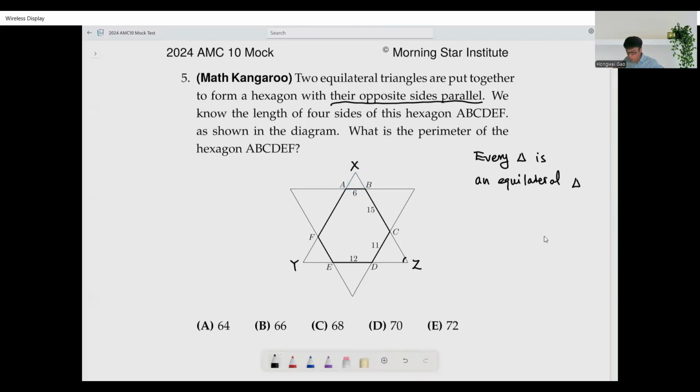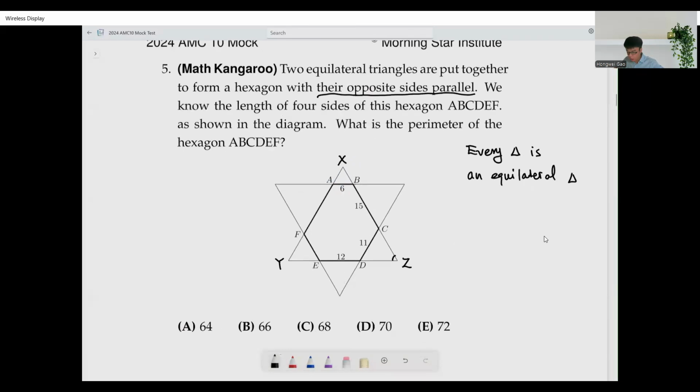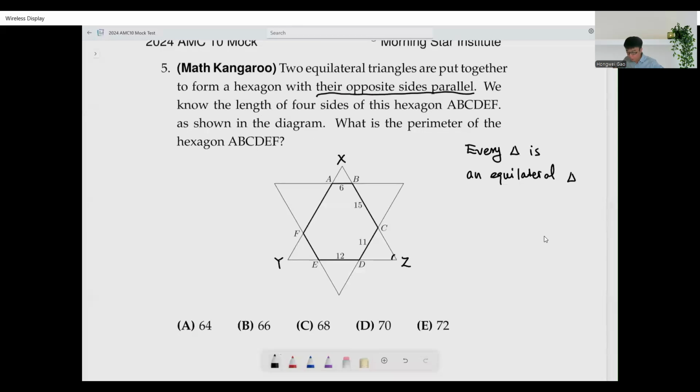Now we know their overlap is a hexagon. There are 4 sides whose lengths we know. We need to figure out the total perimeter. In other words, we need to figure out the lengths of EF and FA. So based on that, these triangles are equilateral triangles. We note that XB equals AB equals 6. Also, AX equals 6.